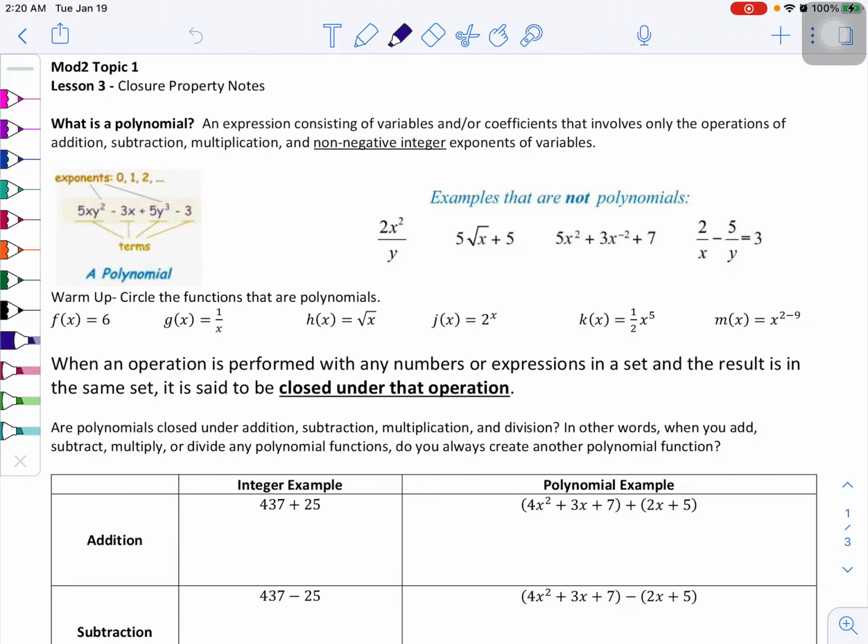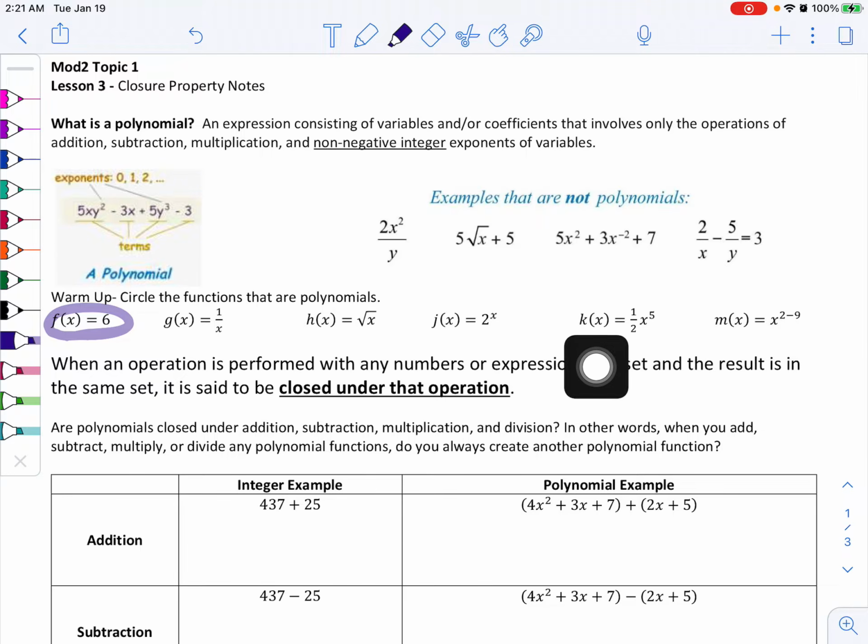And there aren't many. So f of x is a polynomial. It's a really basic one. It's a constant, but it's a polynomial. G of x, because you are dividing, is not a polynomial. H of x, square root function, is not a polynomial. This is an exponential problem, so this J of x is not a polynomial.